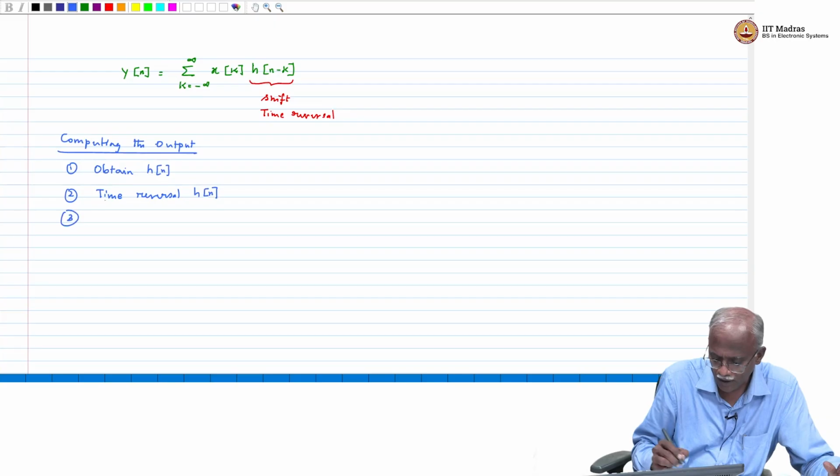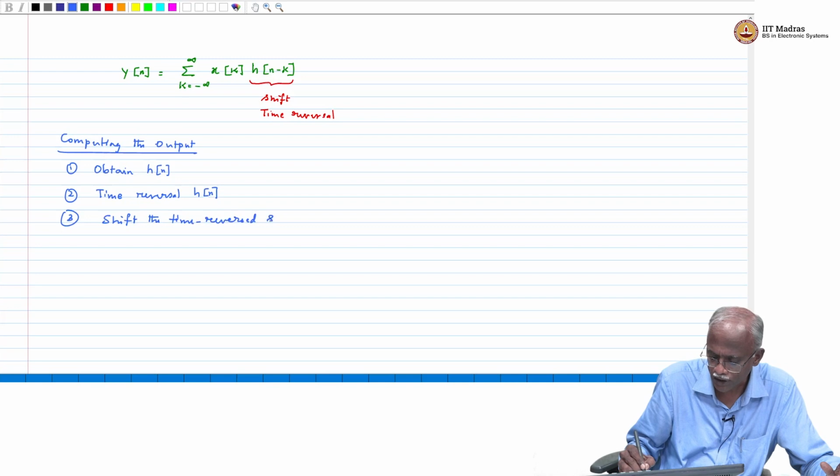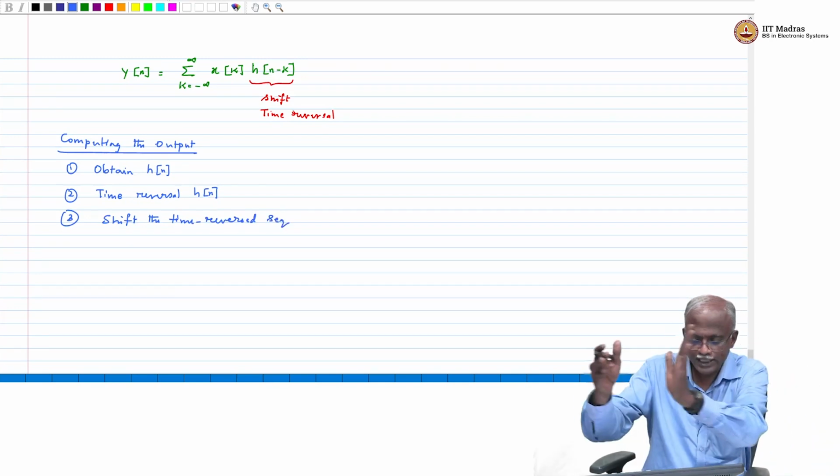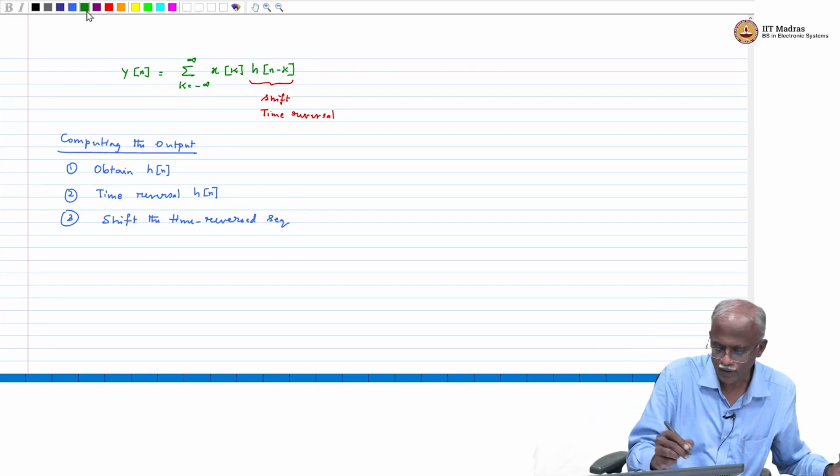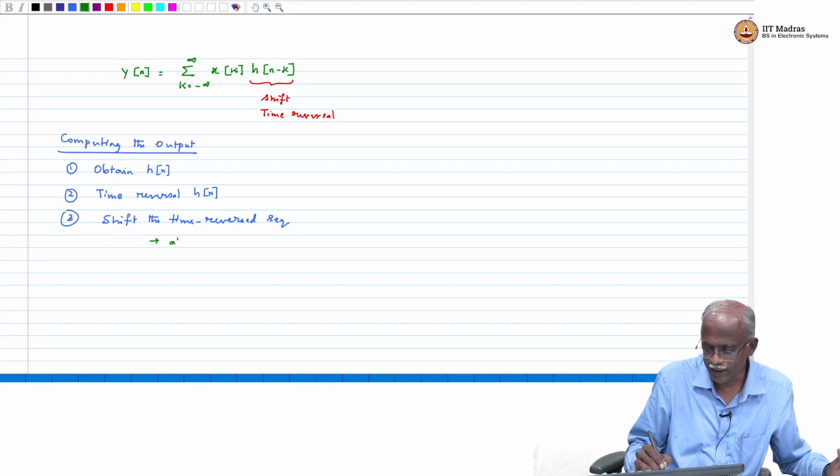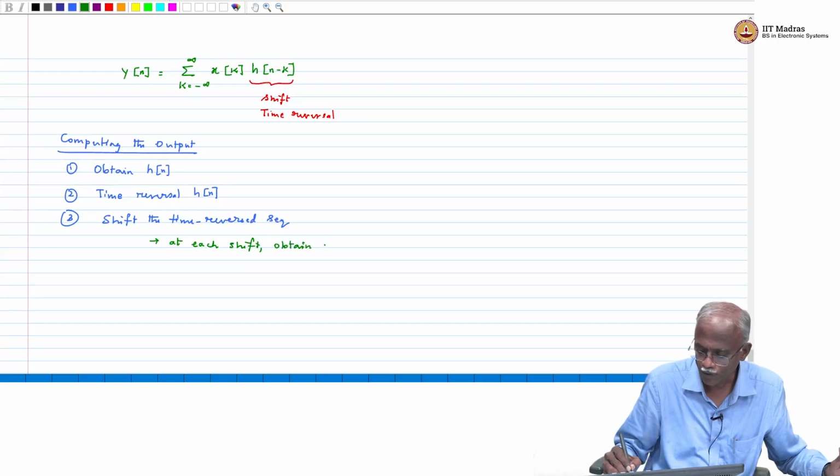And third one is shift the time reversed sequence, and for each shift you obtain the output point. At each shift obtain one output point.